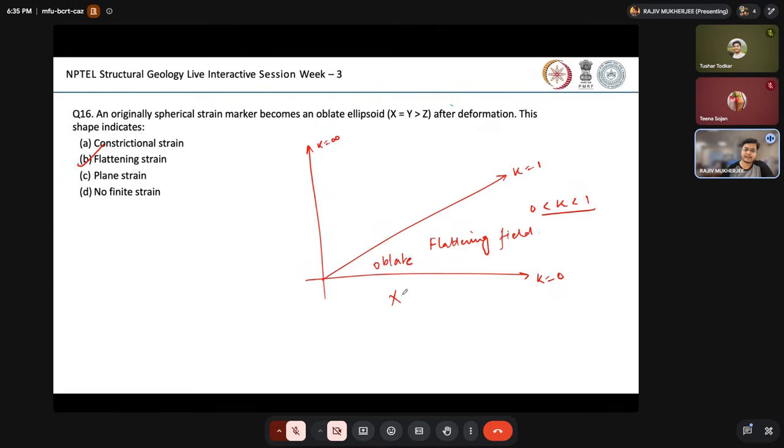An oblate means x and y are fairly equal with respect to the z. So this is a pancake shape. So option B is the correct answer.